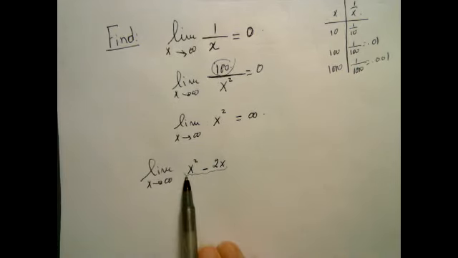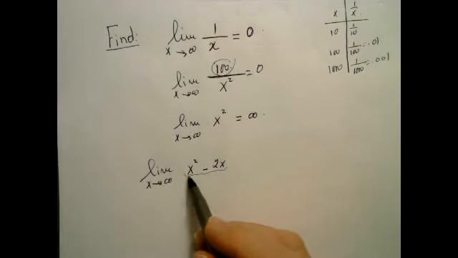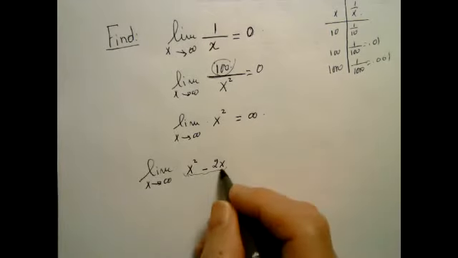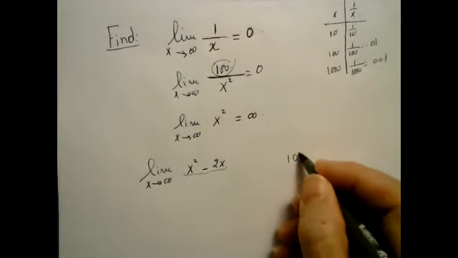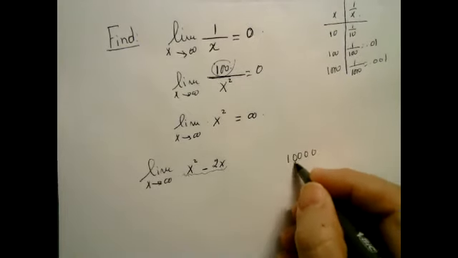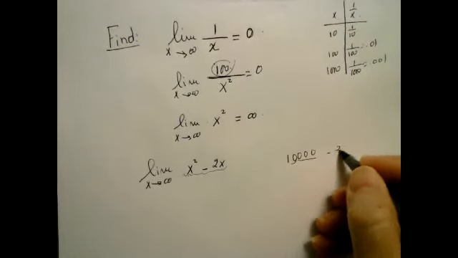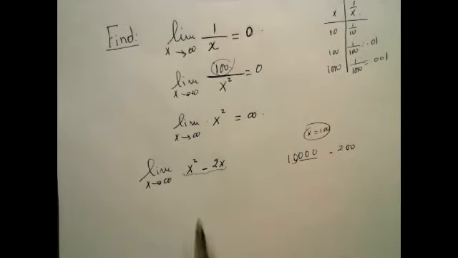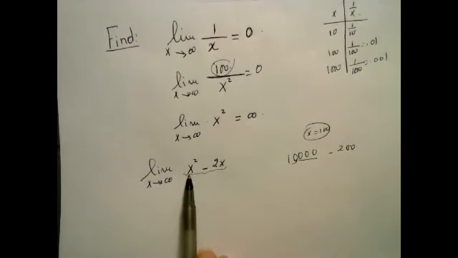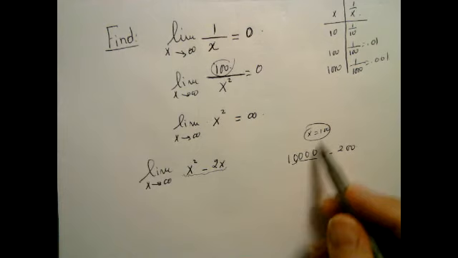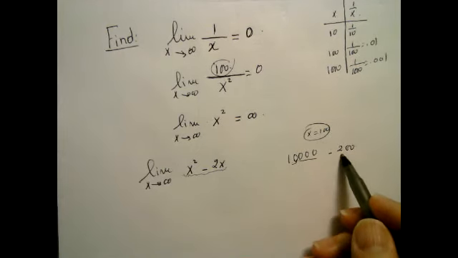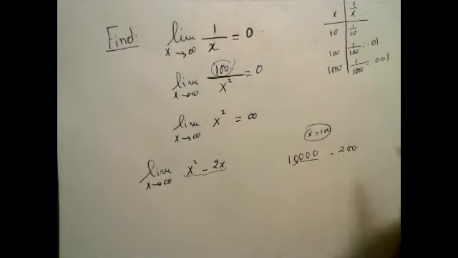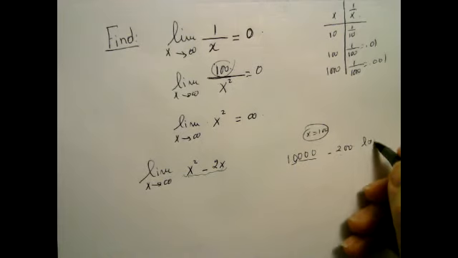And really, why is it infinity? This is x goes to infinity. Let us say we plug in 100 here. If I plug in 100, what will I get? I will get 100 squared minus 200. We know very well that x squared grows way, way faster than x. So when I take x squared with 100, I have 10,000, and I take 200 from it. This is very small relative to x squared, so this is going to be large.